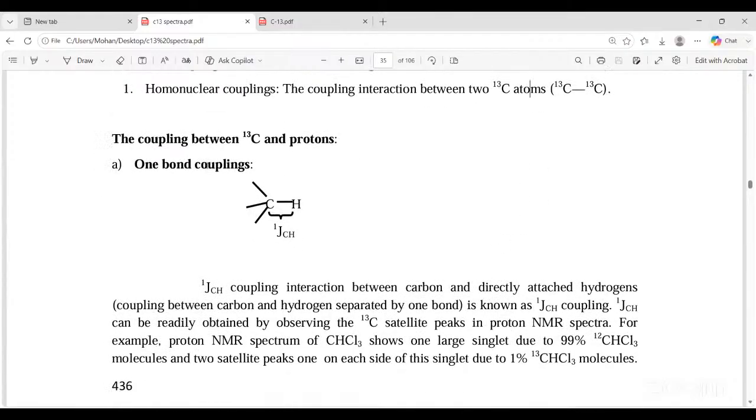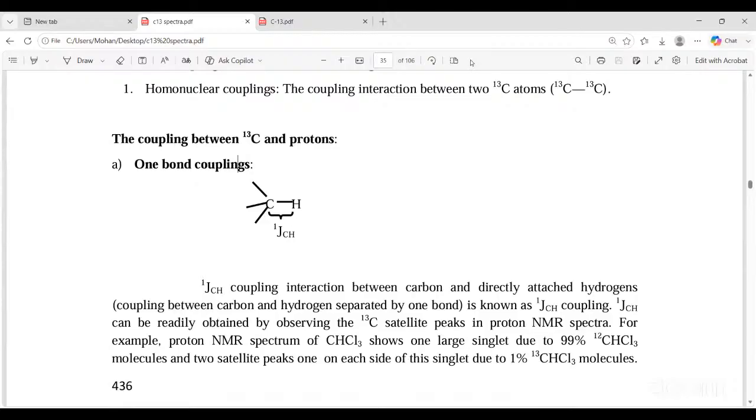Okay. First, we'll see the one bond couplings here. So first we see the heteronuclear couplings, the coupling between carbon and hydrogen, based on the intervening bonds, right? The intervening bonds mean the bond separation.